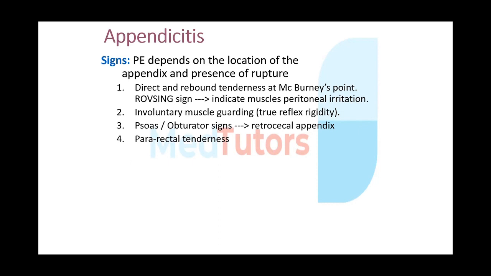When the patient is placed supine and the hip joint is flexed, the knee joint is flexed, and then the hip is now internally rotated or externally rotated, and the patient feels pain, that is a positive obturator sign.